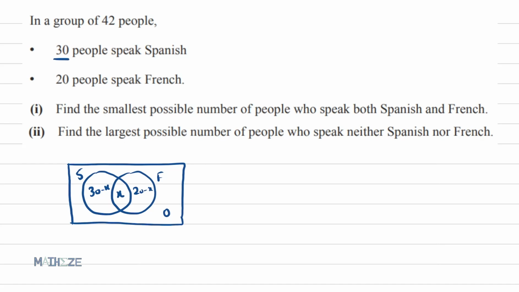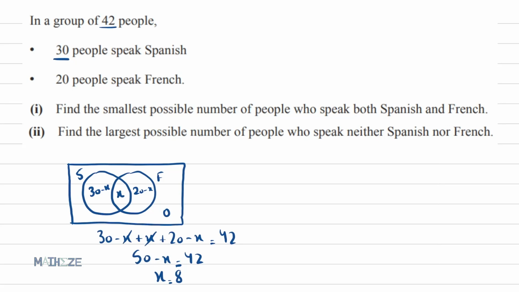Do you get this? Now let's add this. 30 minus X plus 20 minus X. I can cancel this and equate to what? In this question, how many people were there? 42. It's going to be 50 minus X equal to 42. So my value of X will be 8.